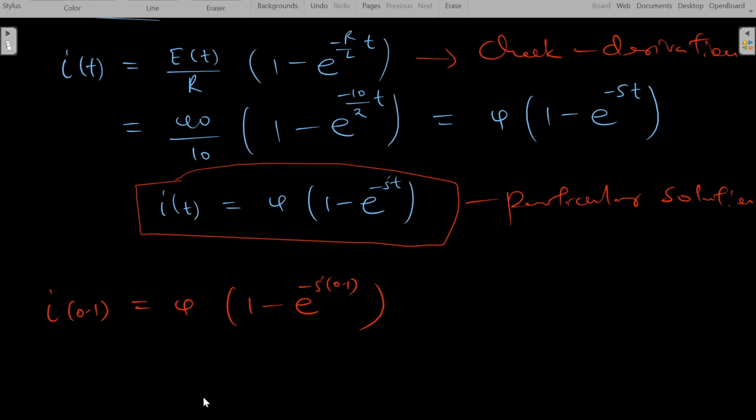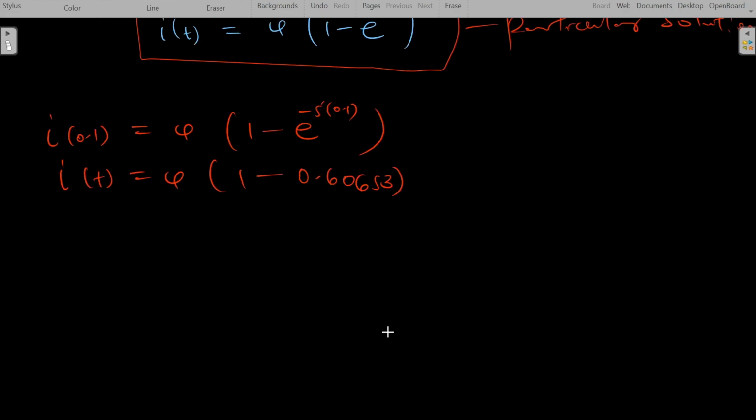Once we calculate this, we should get I as a function of t equal to 4 into 1 minus, if I operate this, 0.60653. So that is 4 into 1 minus this, which gives 0.39347.